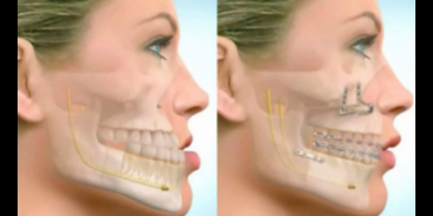In uvulopalatopharyngoplasty or partial section of the palate, a soft tissue operation, or maxillomandibular advancement, a surgical intervention on the bony part, both surgical options should always be considered in selected patients with a specific alteration in these areas: retrognathia, giant or hypertrophic tonsil, etc.